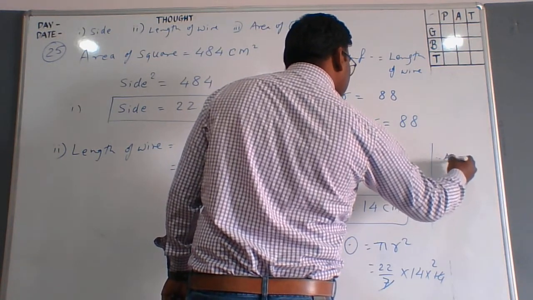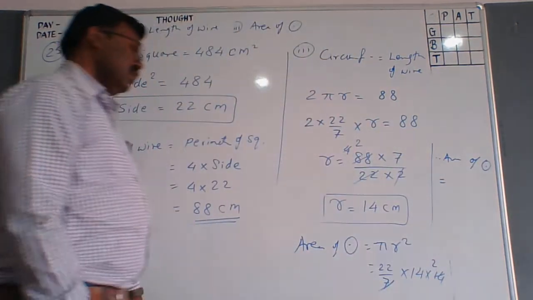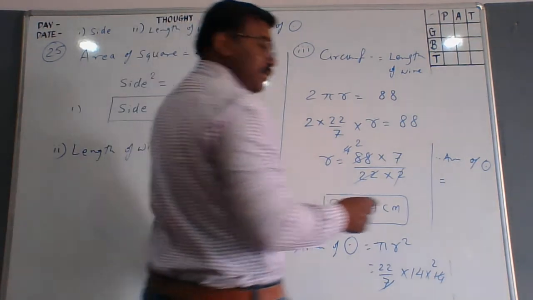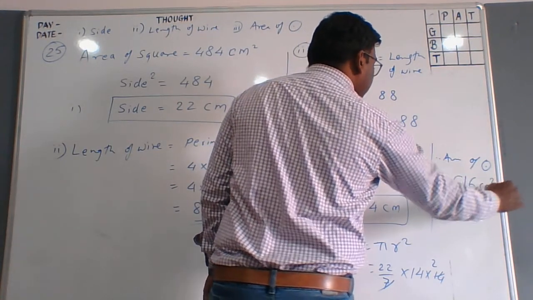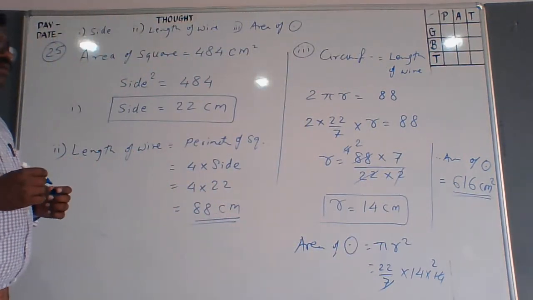Therefore, area of circle equals to 22 multiplied by 14 multiplied by 2. So the multiplication gives us 616 centimeter square. So area of the circle will be 616 centimeter square. This will be the answer for area of circle. Got it?